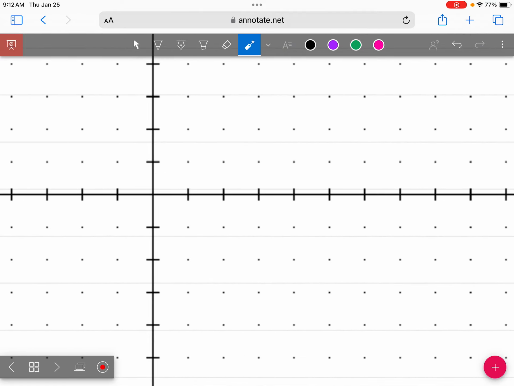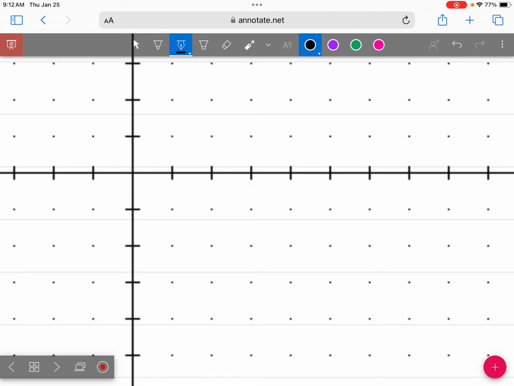So the way I'm typically going to count, though occasionally I'll adjust, is pi over 4s. So I'm going to do this one as pi over 4, pi over 2, 3 pi over 4, and pi.